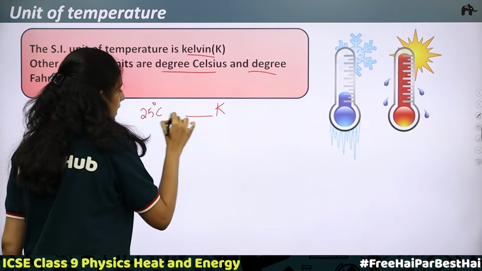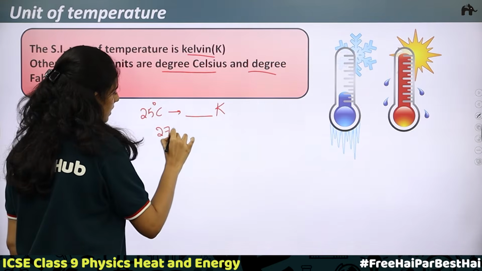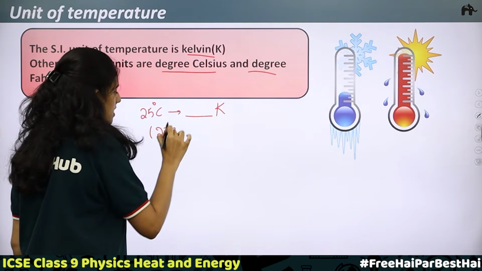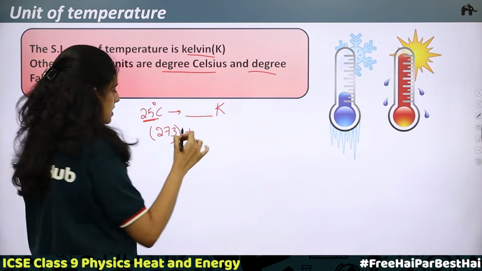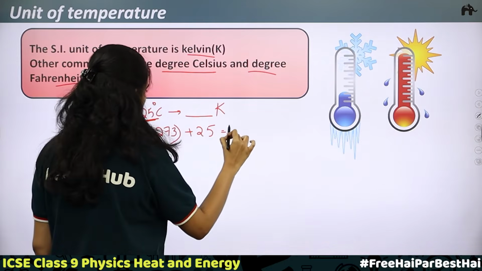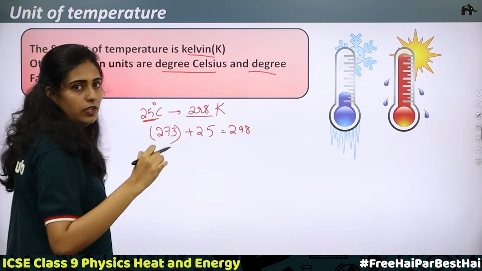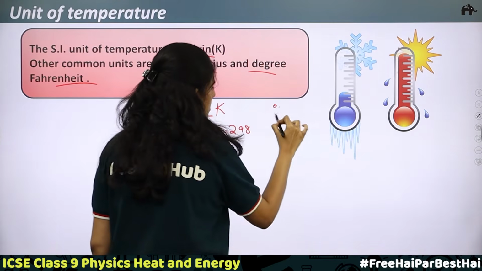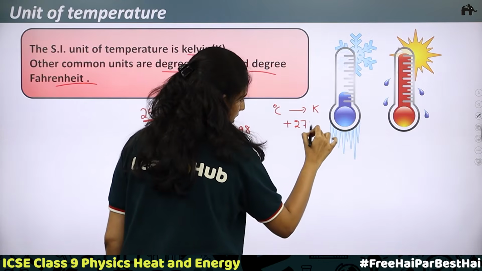You just add 273 to the temperature given in degrees Celsius. So 273 plus 25 is equal to 298 Kelvin.